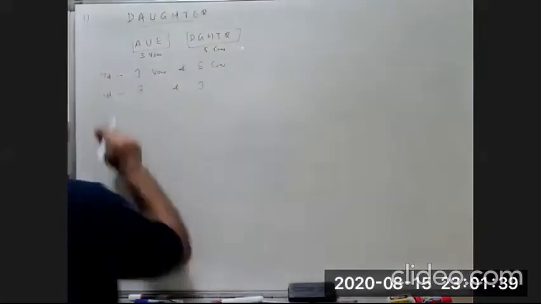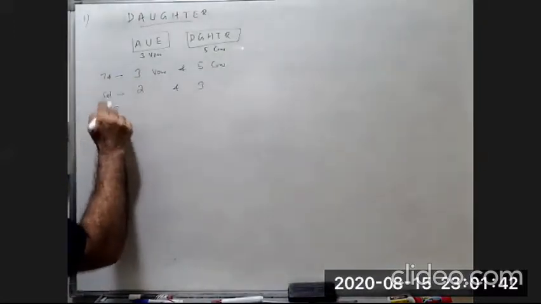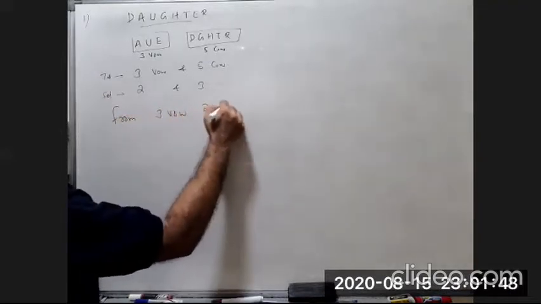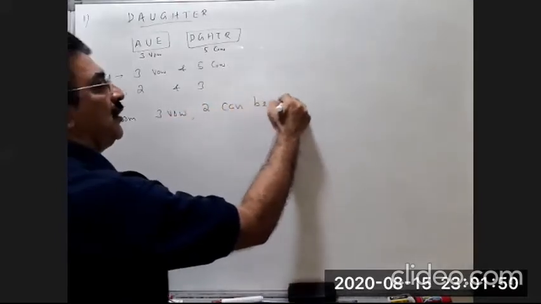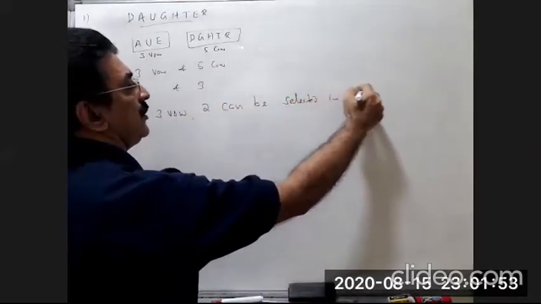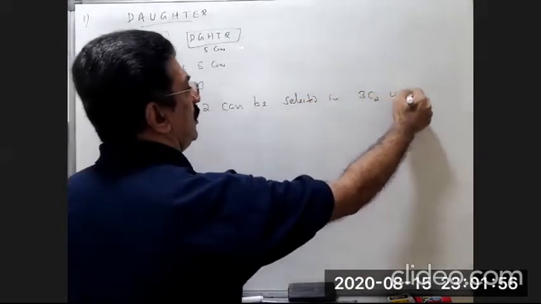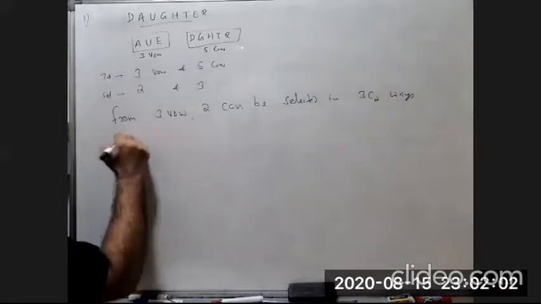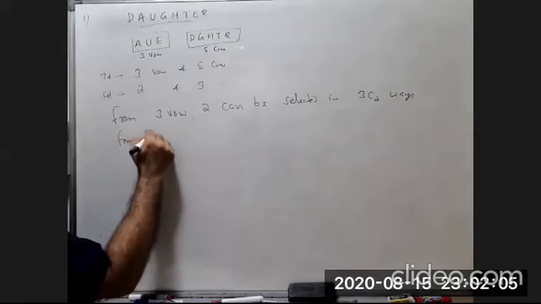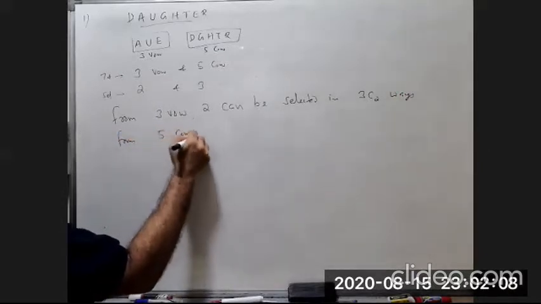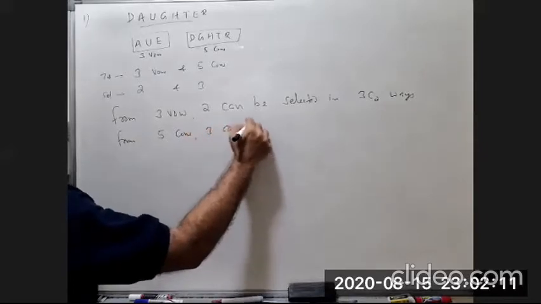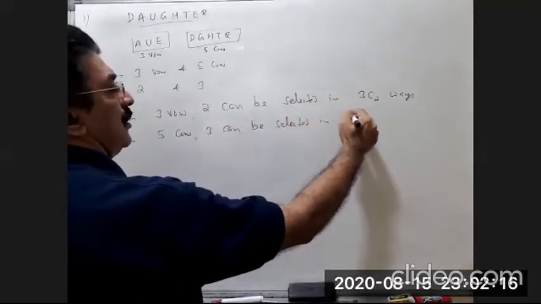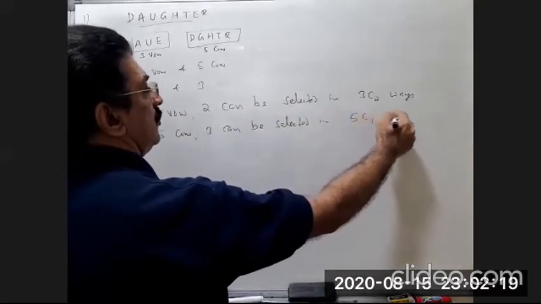So first one is selection. From 3 vowels, so write this. From 3 vowels, 2 can be selected in 3C2 ways. Then from 5 consonants, 3 can be selected in 5C3 ways.